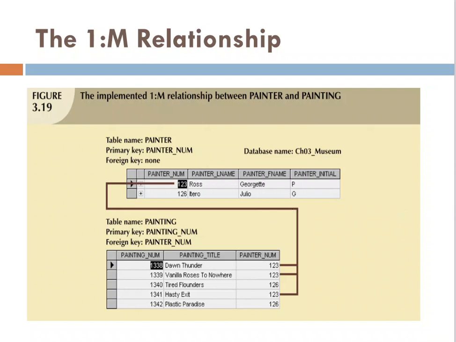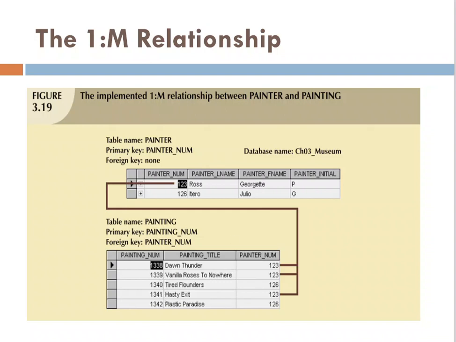Okay, index key. Okay, kita tengok apa yang kita ambil. Yang painter number ni akan menjadi index key. Okay, 123 dengan 126. Okay, untuk painter number 123, lukisan yang dilukis oleh painter bernumber 123 adalah pada row 1, row 2 and row 4.